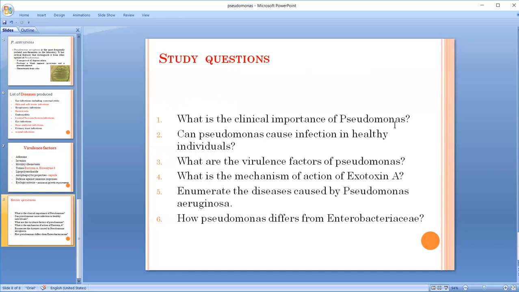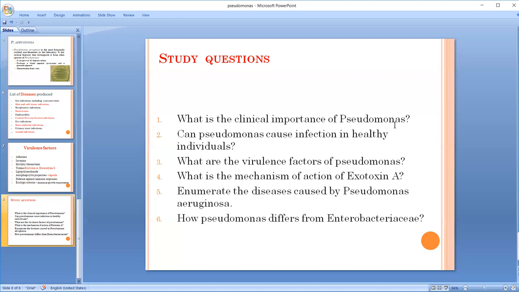Can Pseudomonas cause infection in healthy individuals? The answer is no. What are the virulence factors? I have shown you the list. What is the mechanism of action of exotoxin A? Like diphtheria toxin, it acts by inhibition of protein synthesis. Diseases: there is a big list. You will just memorize the list.